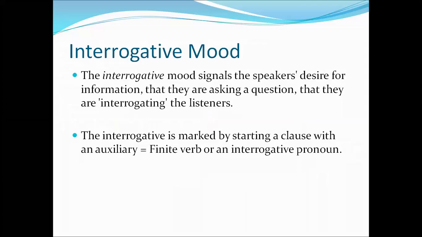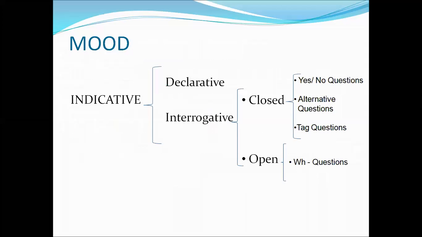And interrogation is marked by starting a clause with an auxiliary, right? Or maybe there can be WH questions also, a WH word. So here you can see again, closed means yes-no question, right? Are you from Nepal or Bangladesh? He is a teacher, isn't he?